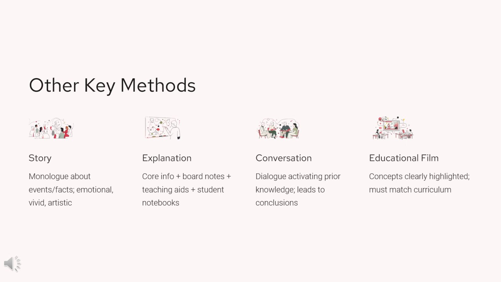Conversation functions dialogically, activating prior knowledge and leading students toward conclusions. The educational film serves as a visual medium through which concepts are highlighted in accordance with the curriculum. Thus, while all these methods belong to the same general group, they differ in their pedagogical mechanism and in the kind of student activity they stimulate.